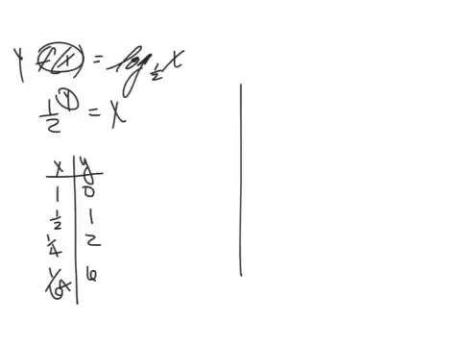Alright, so when I graph this, it's going to give me (1, 0), (1/2, 1), (1/4, 2), and it gets closer and closer, but never actually hits that.